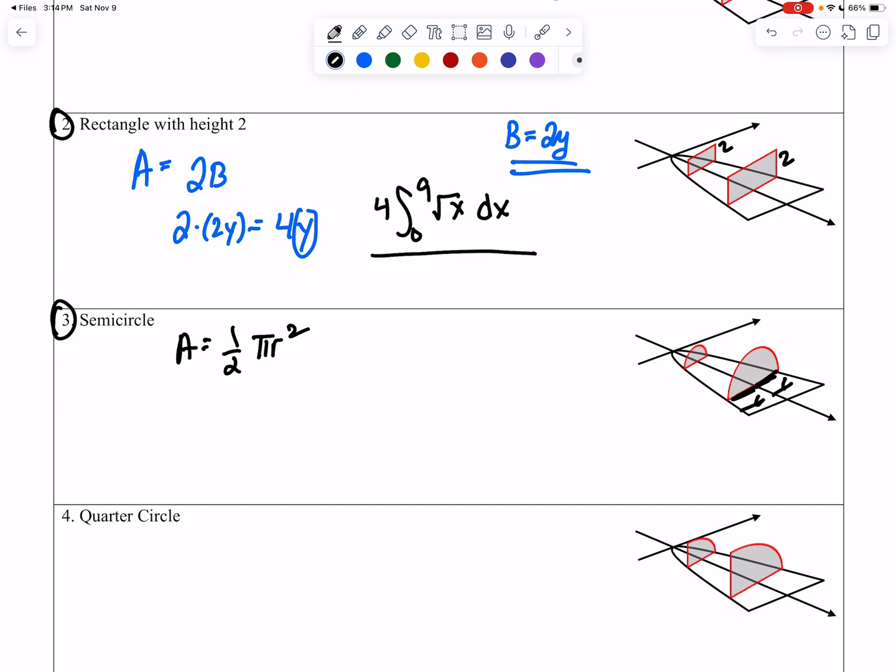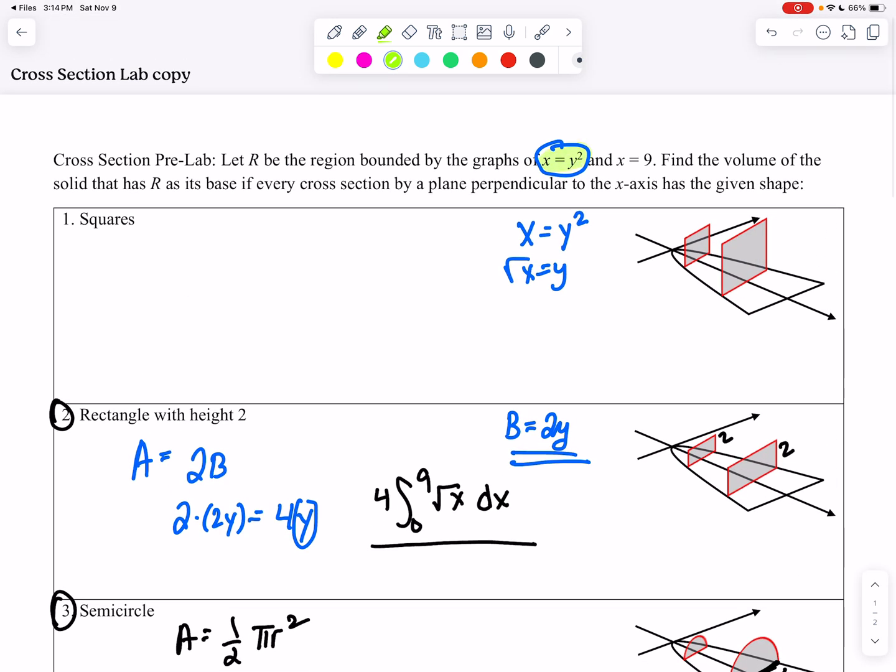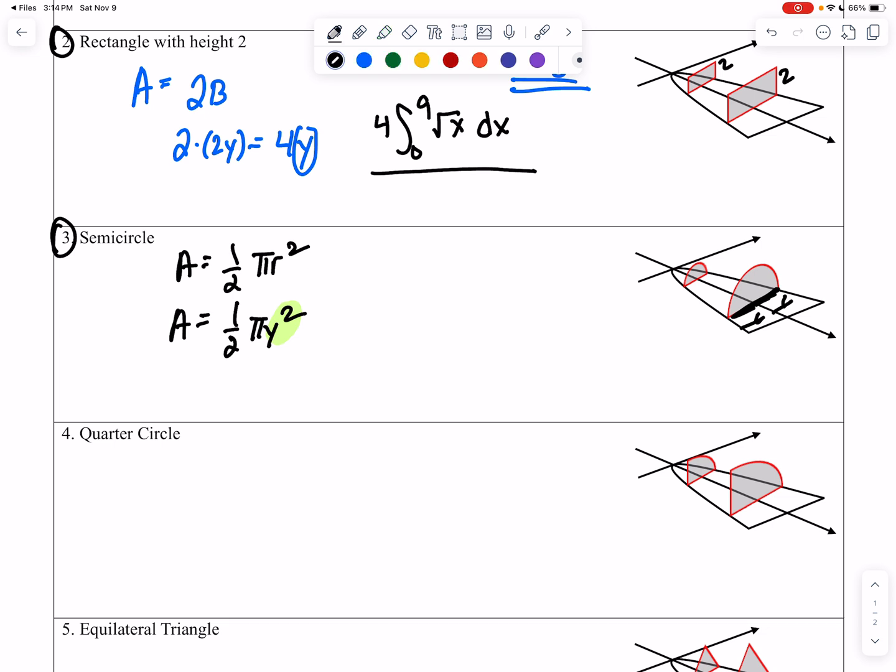But if this is my whole base, then my radius is just going to be y, meaning that area is 1/2 pi y squared, which means that in order to make this in terms of x, we know that y squared is x. So area is the same thing as 1/2 pi x.